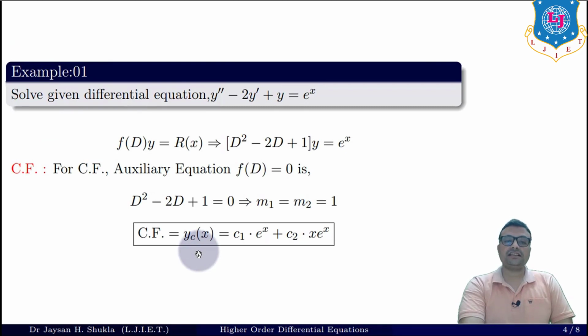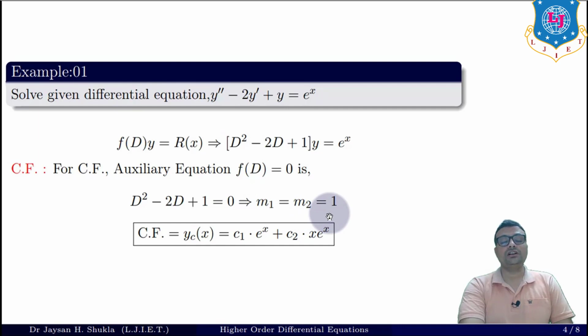In this example we have y double dash minus 2y dash plus y equal to e raised to x. The operator form would be (D square minus 2D plus 1) y equal to e raised to x. For the complementary function, I am taking the auxiliary equation f(D) equal to 0, and therefore it is D square minus 2D plus 1 equal to 0, so m1 equal to m2 equal to 1.